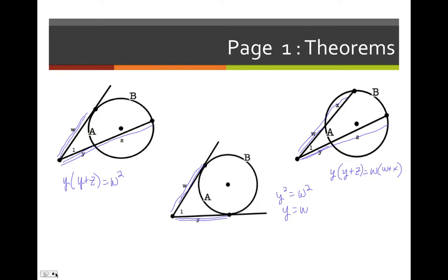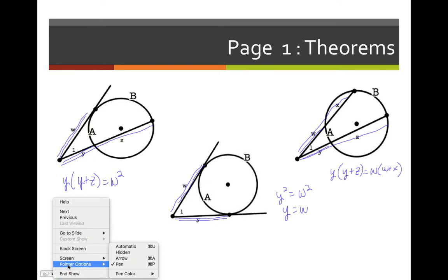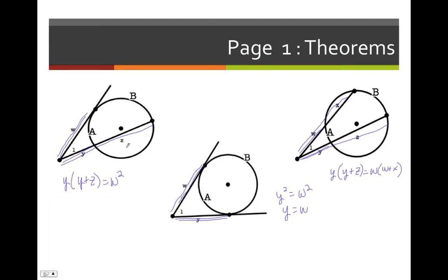Now, if we go back and look at the angle measures for these, you'll see that the measure of angle 1 equals 1/2 the difference of the big arc minus the little arc. So here's the big one, and then here's the little portion.